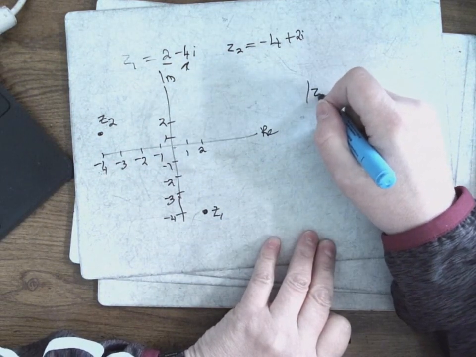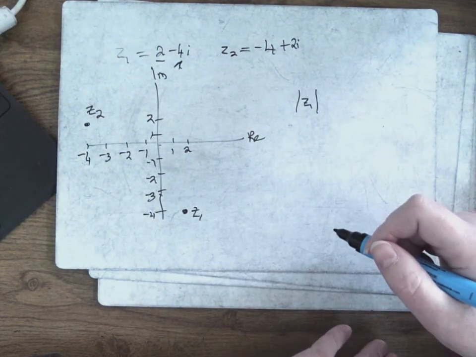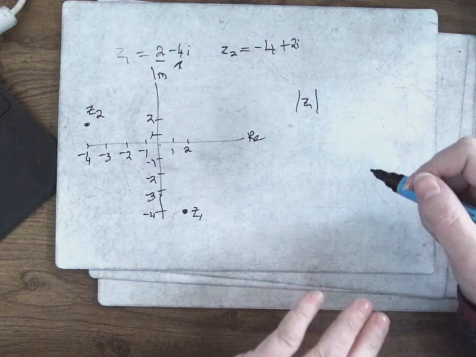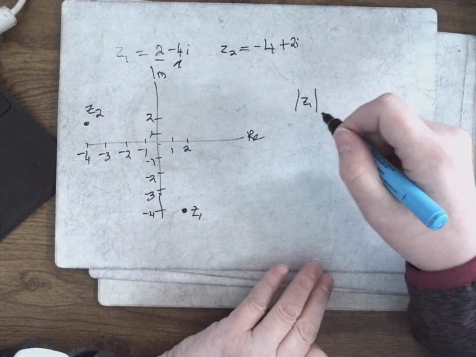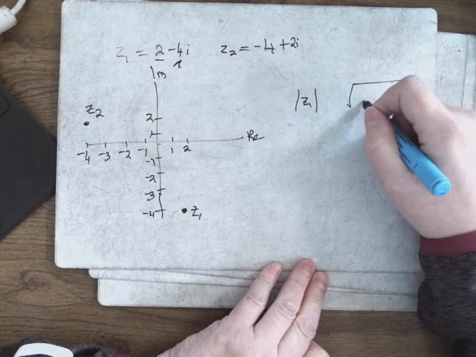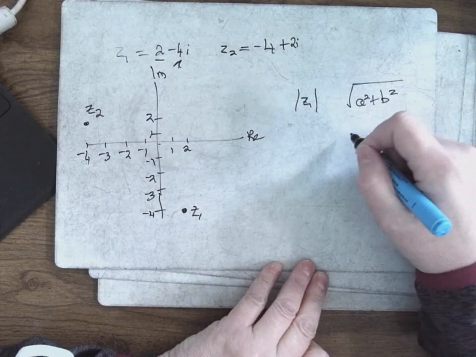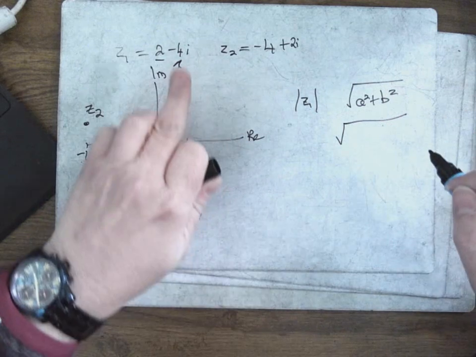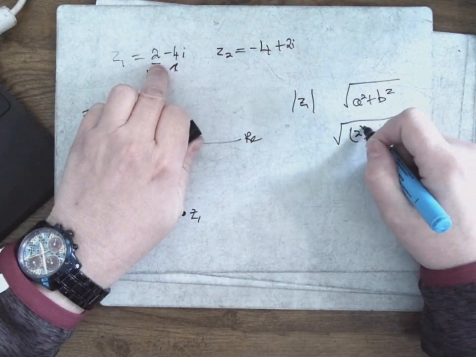Right, and then the second bit says find Z1 with 2 straight lines either side. What's that? Modulus. Okay, so 2 straight lines either side is the modulus. So it's the square root of a squared plus b squared. So a is the real bit, which is 2 to be squared.